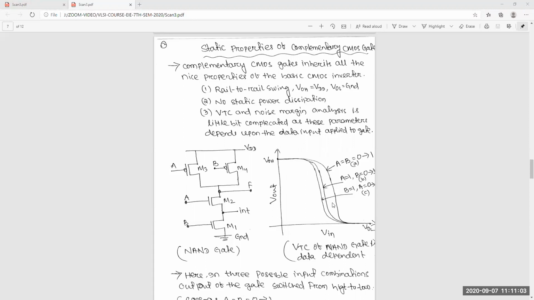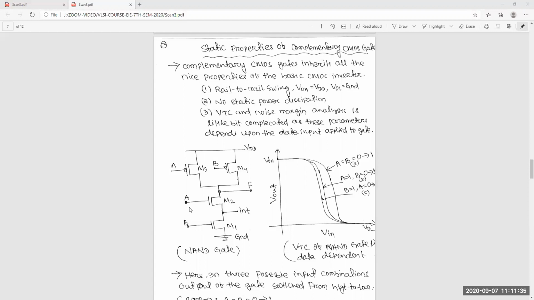Here we are analyzing the 1 to 0 transition. You will increase the input and we will see whether the output increases or decreases. That output will go 1 to 0, so that is purely data dependent.